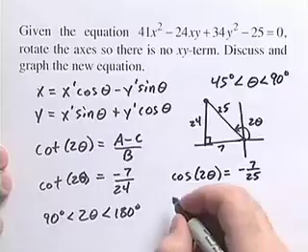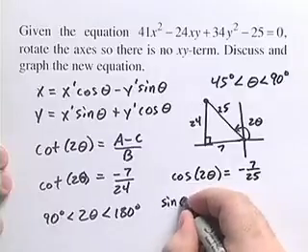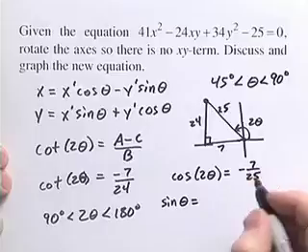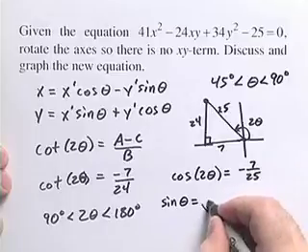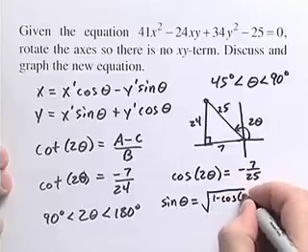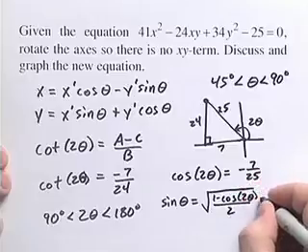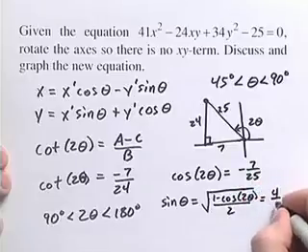We want to find the sine of theta and the cosine of theta next. The sine of theta is equal to the square root of 1 minus cosine of 2 theta, divided by 2. And that's going to equal 4/5.